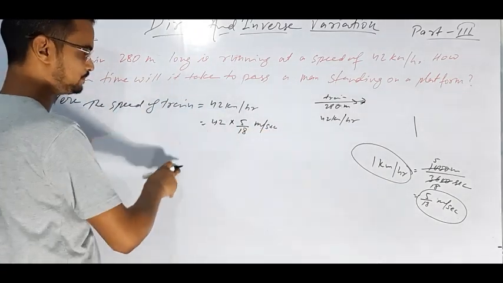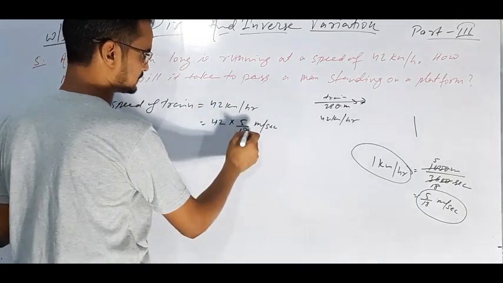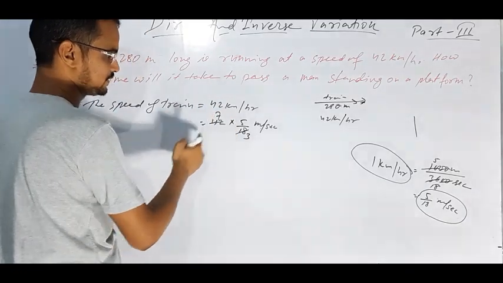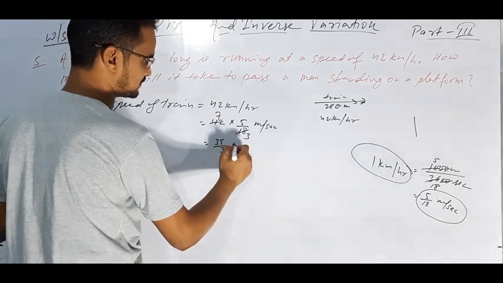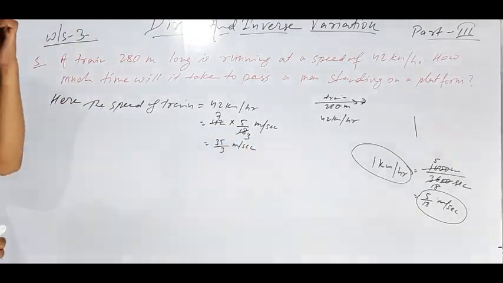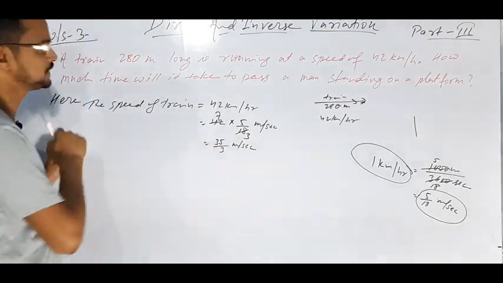Now cancel it. 6 3s are 18, 6 7s are 42. This will become 7 5s are 35 by 3 meter per second. Now give some attention here: what is the speed of the train?